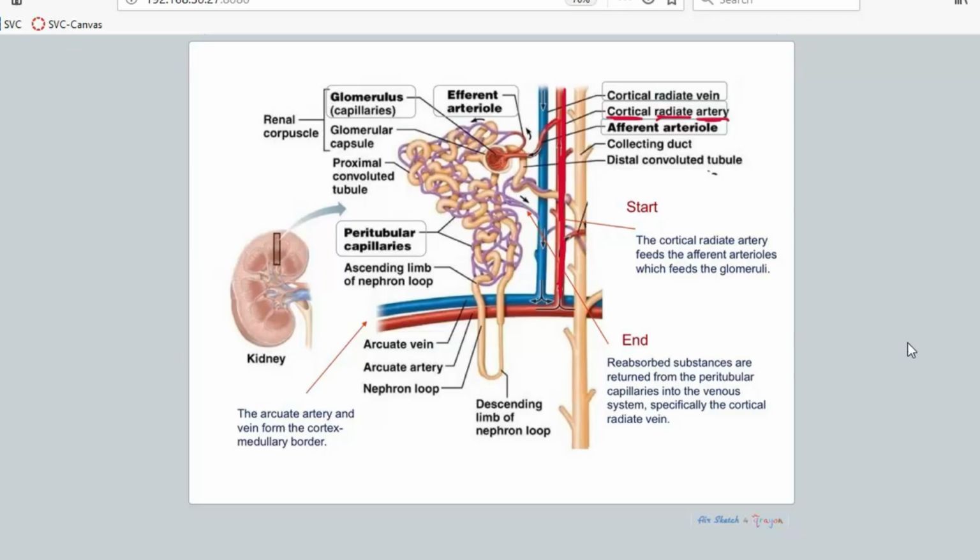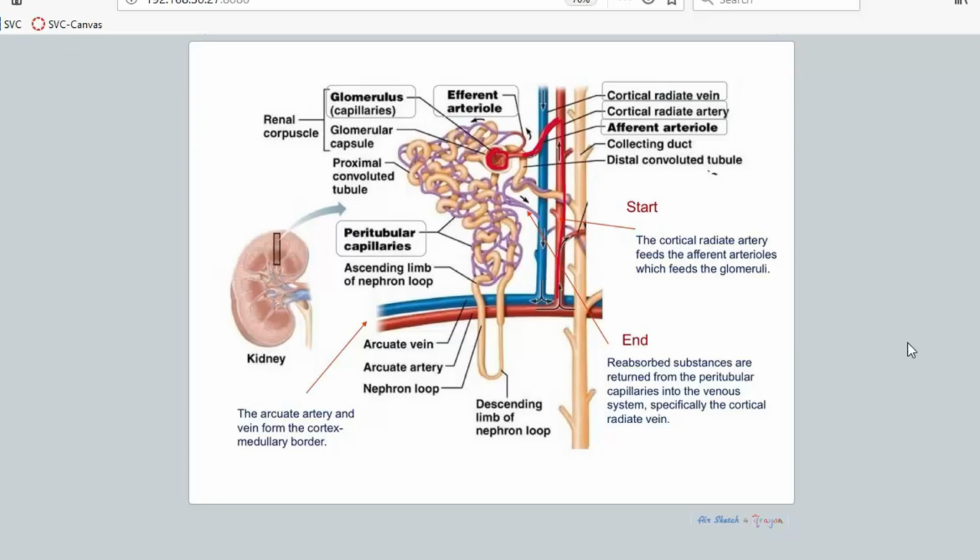And those little branches are the afferent arterioles. So you have cortical radiate arteries, and then you have these afferent arterioles that come off of that. And those afferent arterioles feed into the glomerular capillary bed.